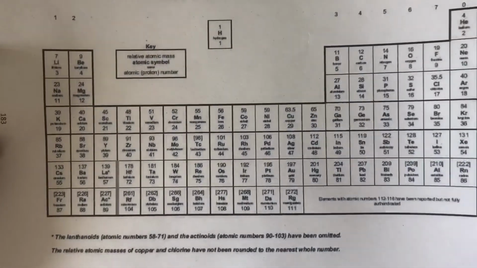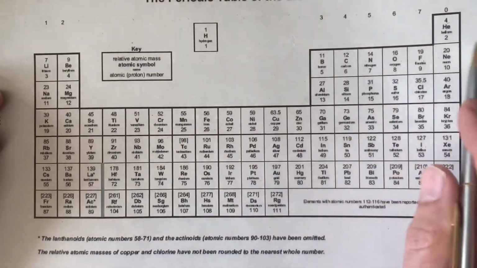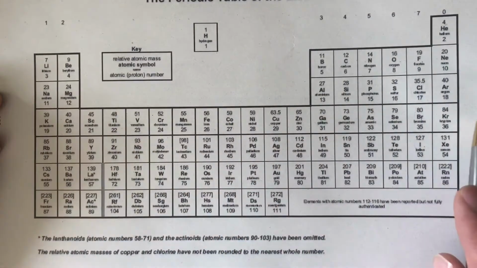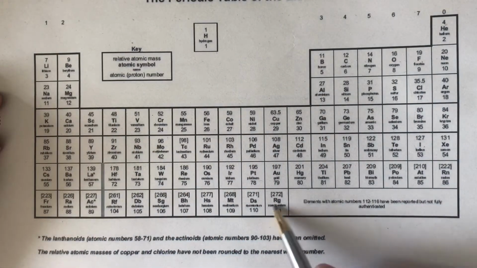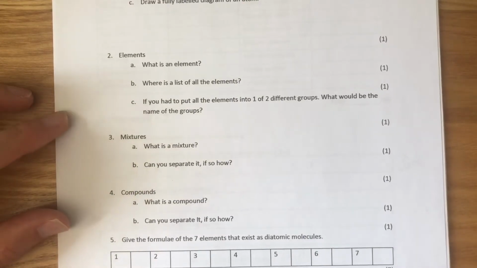It looked a bit like this. The periodic table reads like a book, so we start from left to right and go down the rows like so. That tells us the last element on our modern periodic table is element number 111. So there's about 100 different types of elements, and the list is, of course, the periodic table.